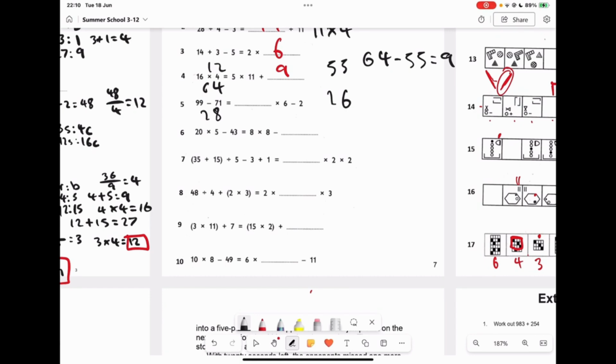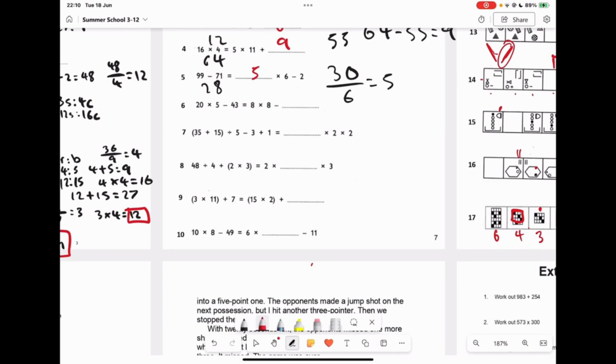Yes, okay. So what we're looking at is the value that we have will be subtracted by 2. So what we have to do is add 2. So it'll be 30. Then something times 6 is 30. So then 30 divided by 6 is equal to 5.